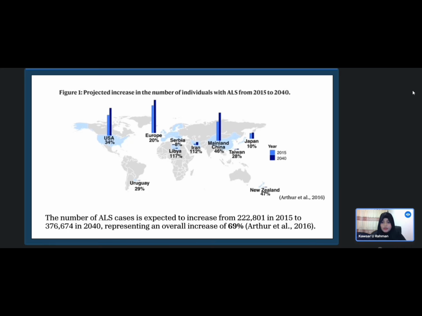And if we take a look at the picture, the majority of the changes will be seen in Iran following Libya, with an increase of 112% and 117%.